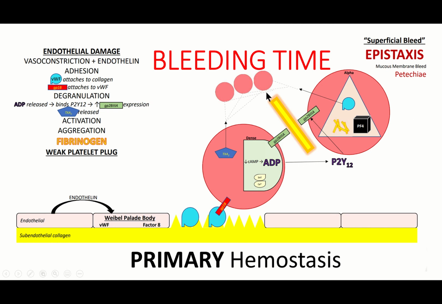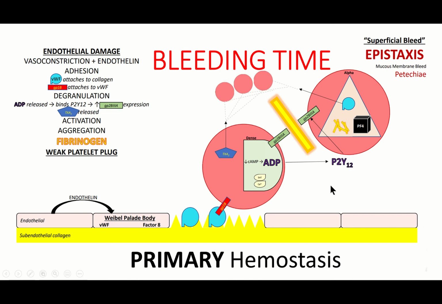This somewhat creates a snowball effect. So now you have both of these degranulating. Just remember that thromboxane does not come out of the dense bodies. So if you have fibrinogen released, fibrinogen is then able to actually bind to GP2B 3A. This in the entirety creates the weak platelet plug.